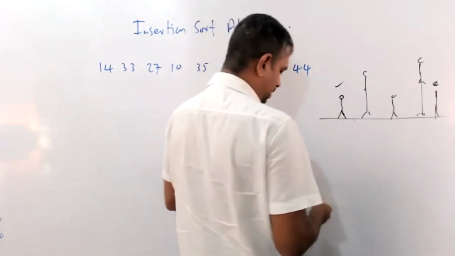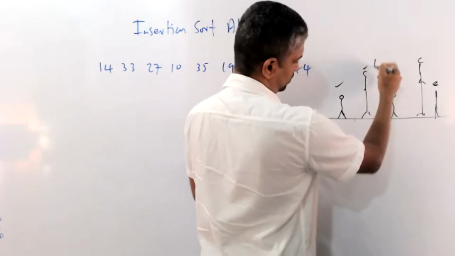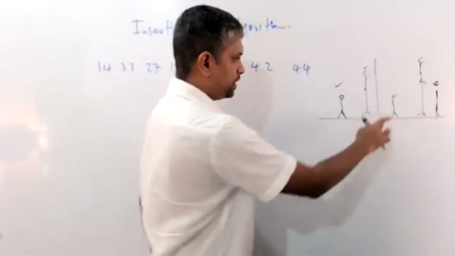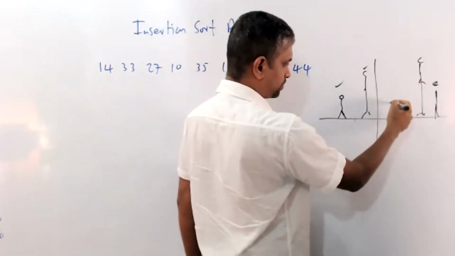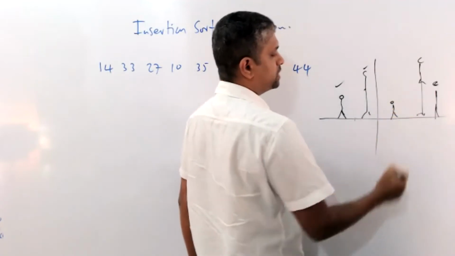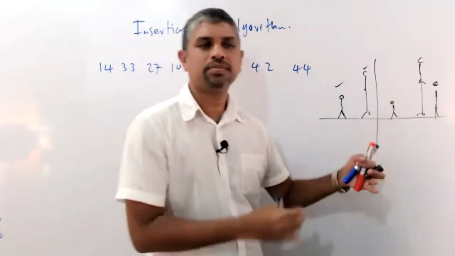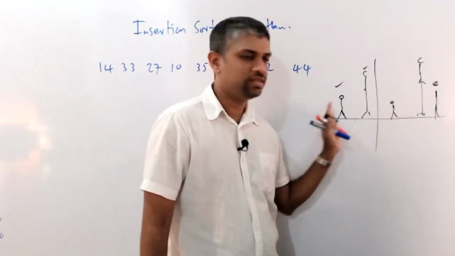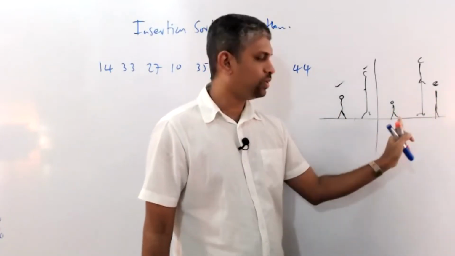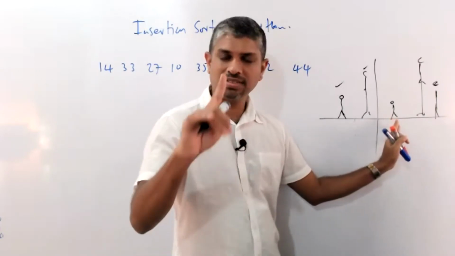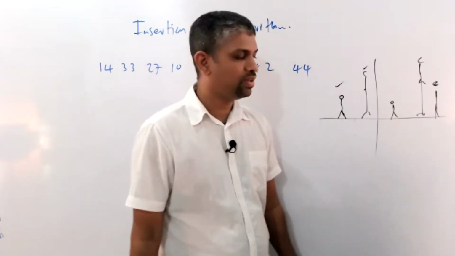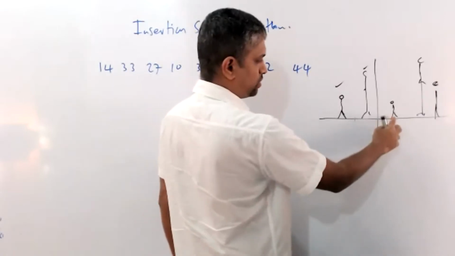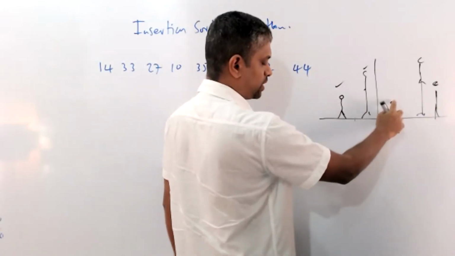Then we look at the first two. They are also all right. Now we have the third person. Go to the next unsorted person. So these are sorted. These are unsorted. Look at the next first unsorted person.